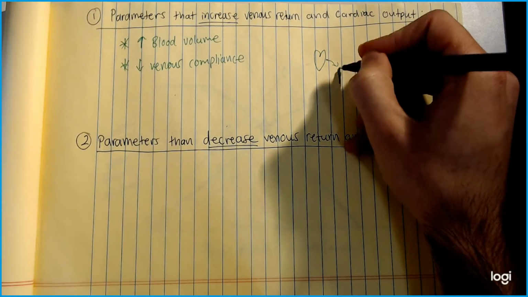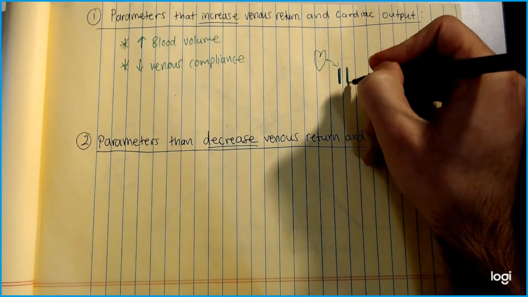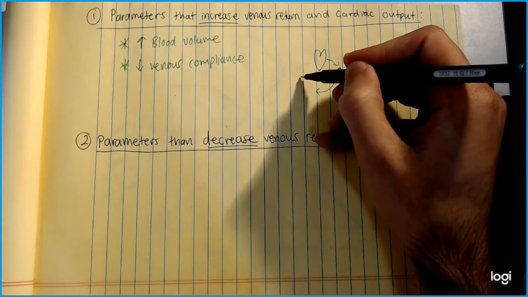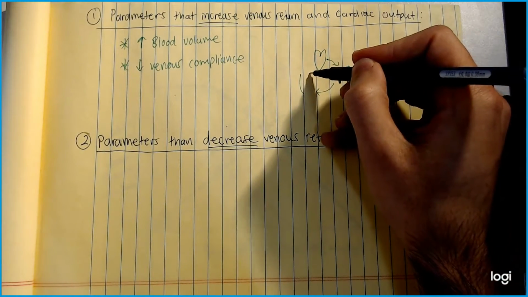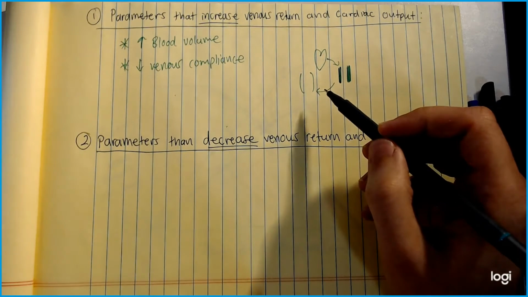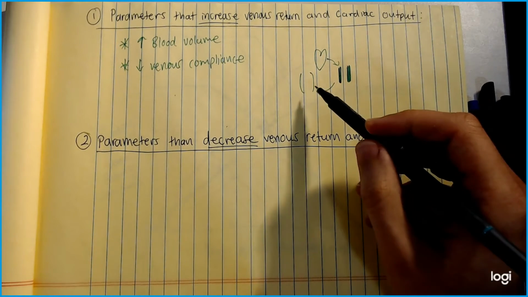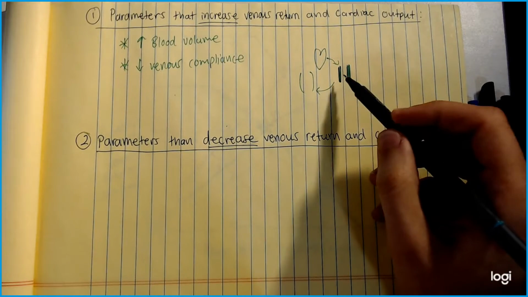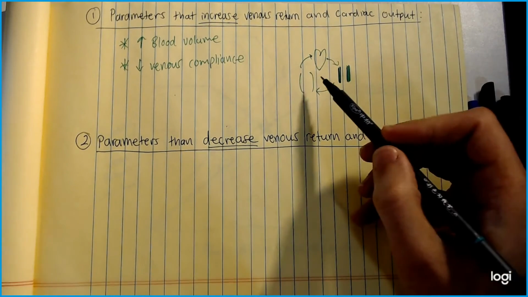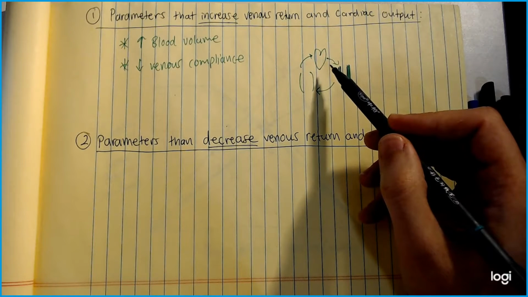So we'll do like thick lines for the arteries, and then it goes to veins, and our veins are thinner, they're more compliant. There's a lower pressure here compared to a higher pressure here. And then after the veins return the blood to the heart, right?